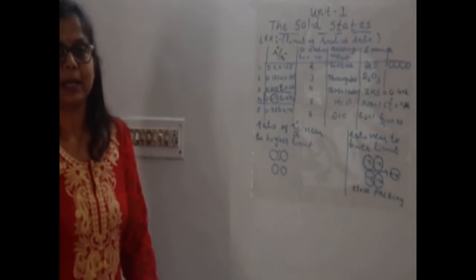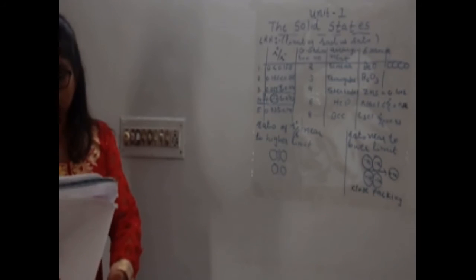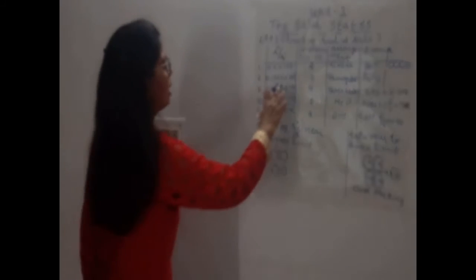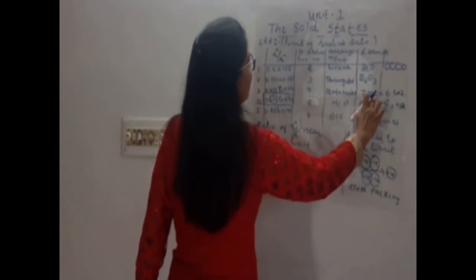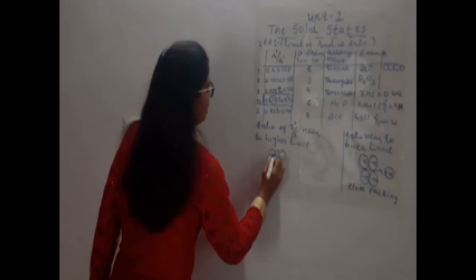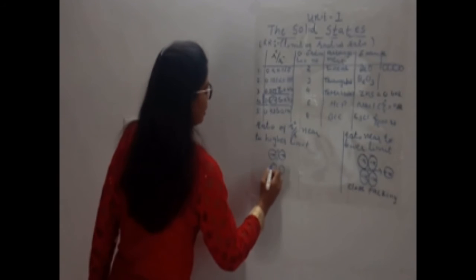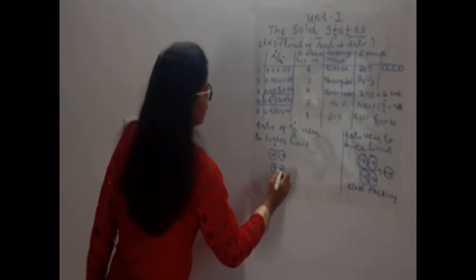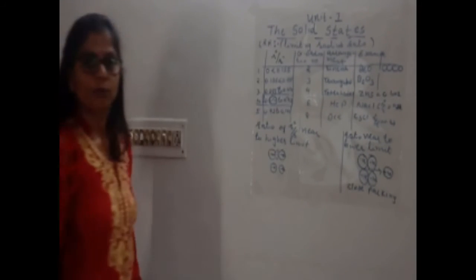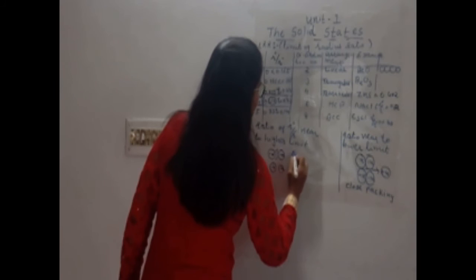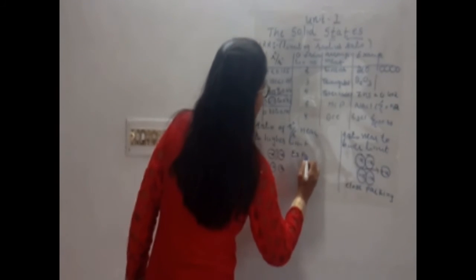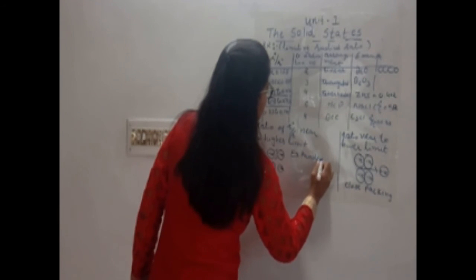They have expanded. Why have they expanded? Because the ratio is near the higher limit. So here the negative ions are a little farther from one another, and this type of packing is known as expanded crystal.